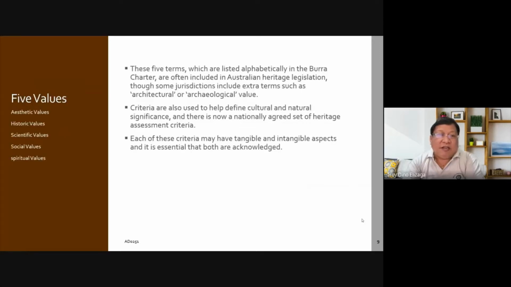So these five terms, which are listed alphabetically in the Burra Charter, are often included in Australian heritage legislation. So if you remember, the Burra Charter was actually developed in Australia, and a lot of what I'm teaching you today actually came from there. In fact, I will be giving an example from Australia.